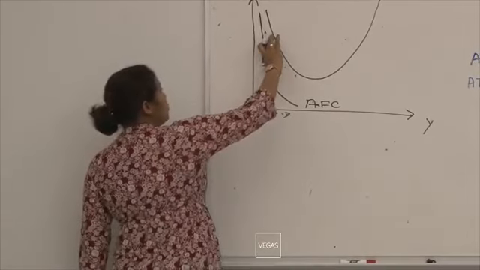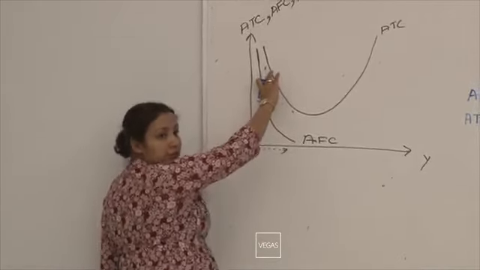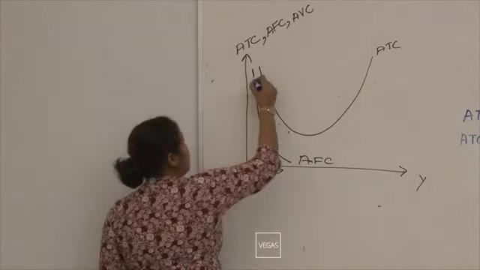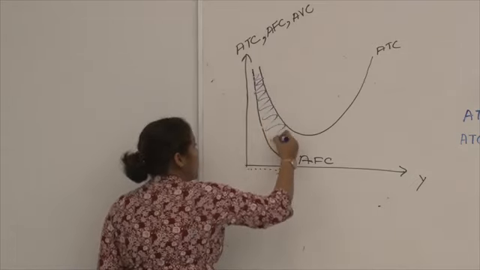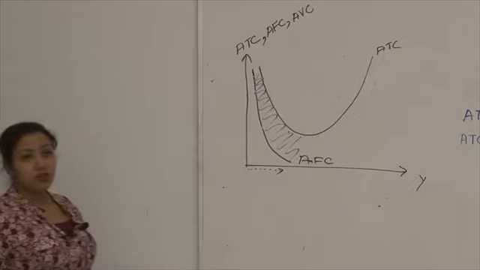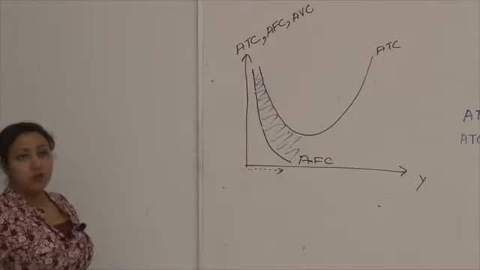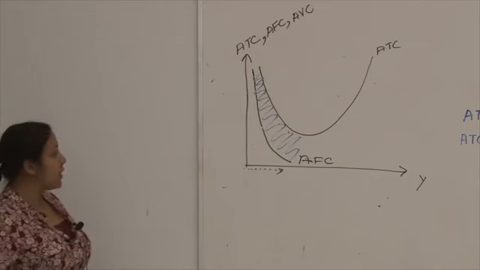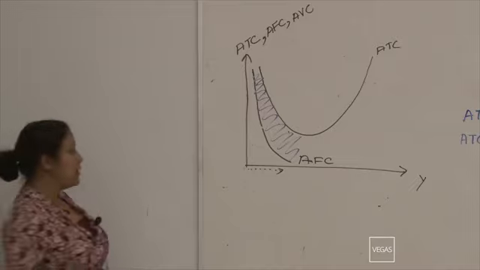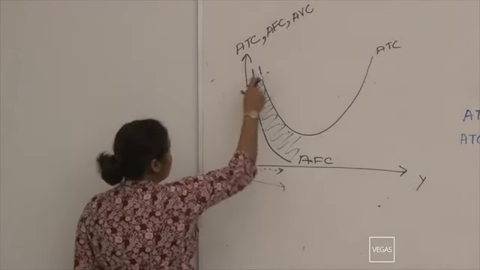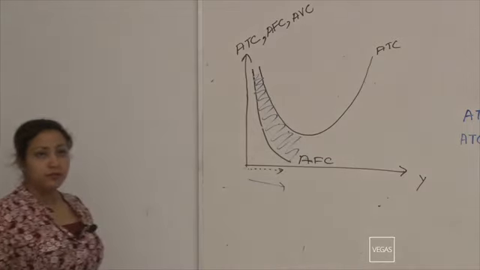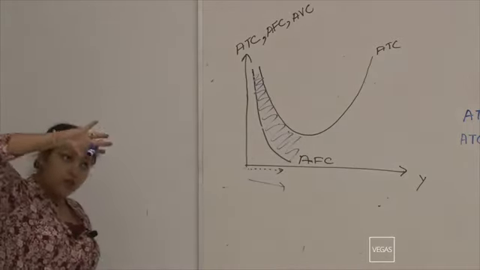And by that equation, that is AVC, correct? So if I shade out this portion, what is that? That is average variable cost. And what did we just see about average variable cost? We just saw that as you produce more and more output, the average variable cost increases. That is exactly what is happening. As you produce more and more output, that difference is increasing. Or in other words, the average variable cost is increasing.